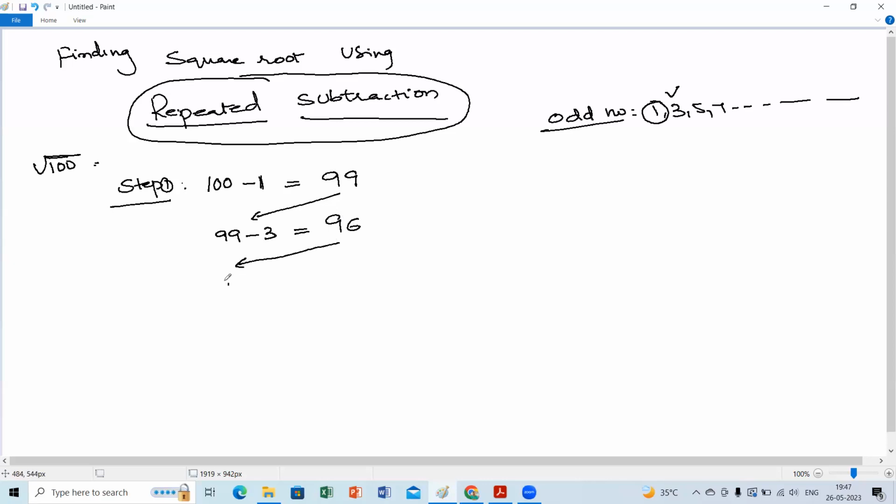Once again, what is the next odd number? 5. 96 minus 5 is 91. Take 91 once again.